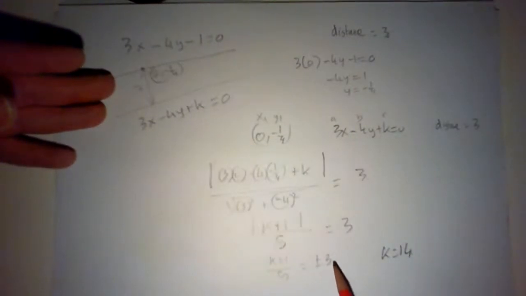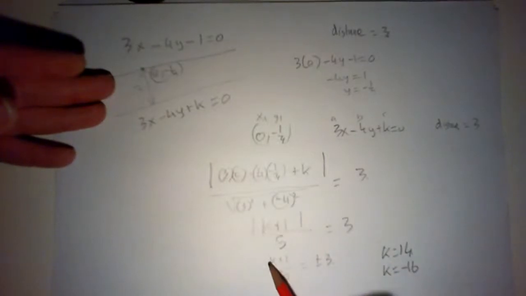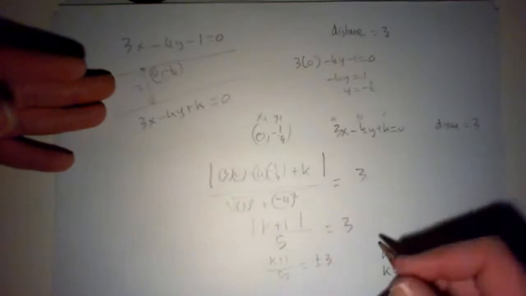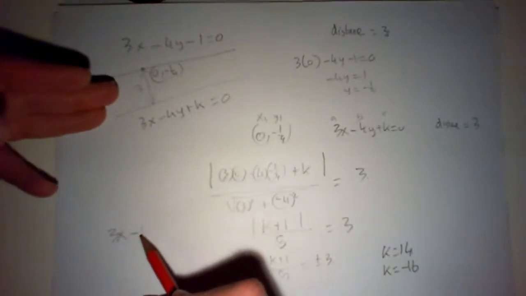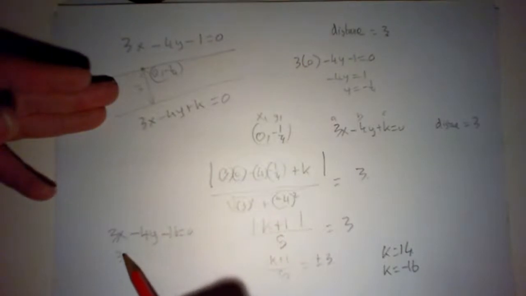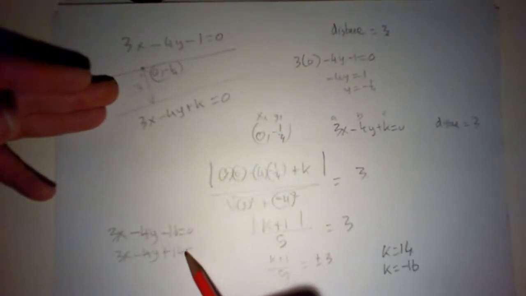How would I get a negative 3? I'd have to have a negative 15 on the top, and the only way I'm going to get a negative 15 is if it's a minus 16, because minus 16 plus 1 is minus 15, divided by 5 is a minus 3. So there's your 2 possibilities. These are our 2 possible answers: 3x minus 4y minus 16 equal to 0, and 3x minus 4y plus 14 equals 0.